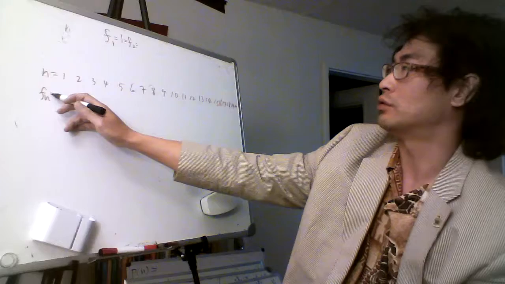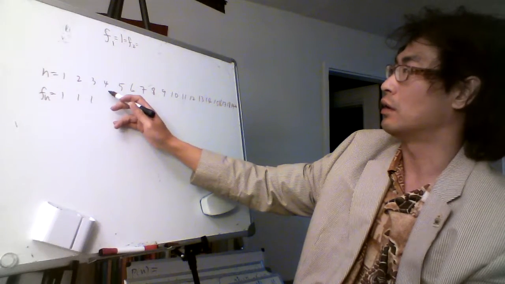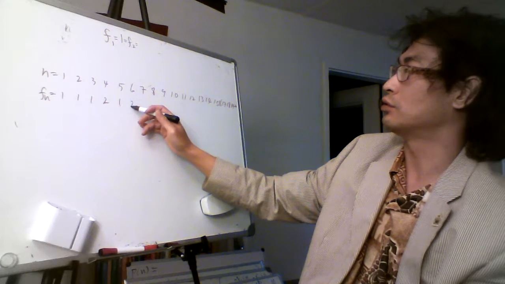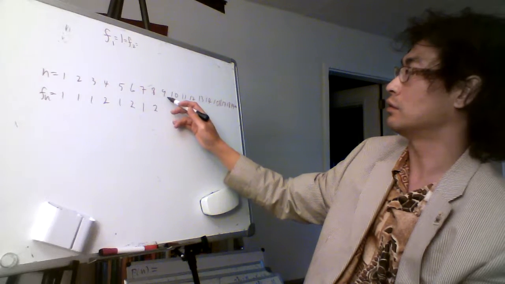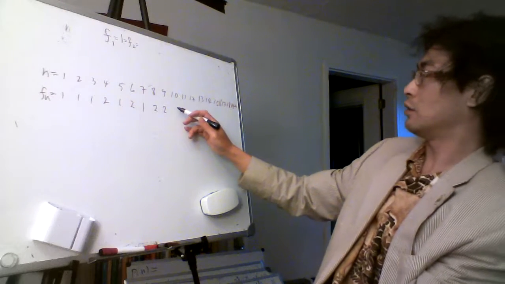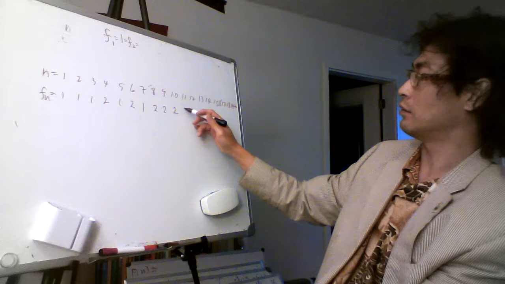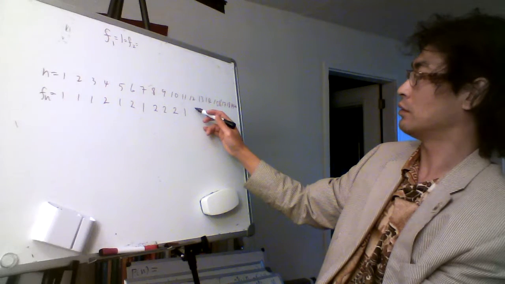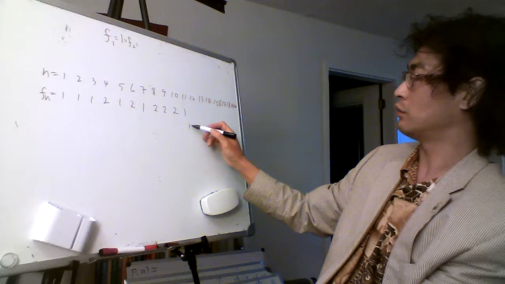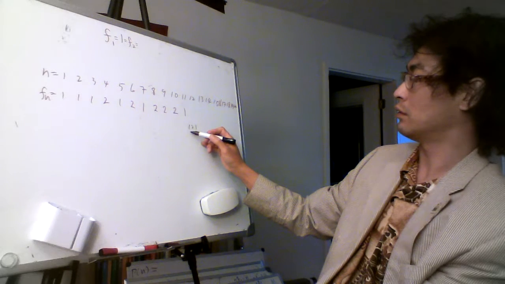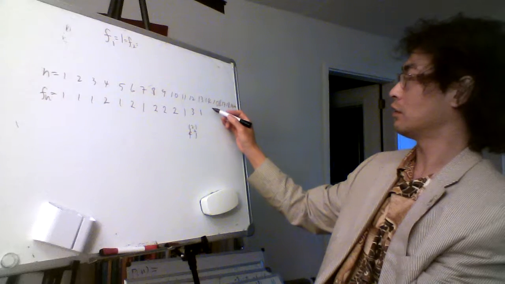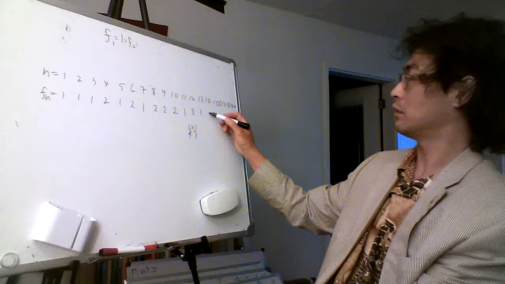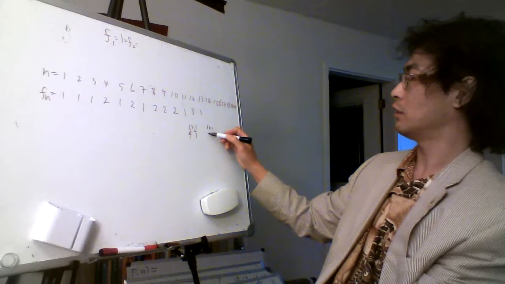Then f of n is equal to 1, 1, 1, 2, 1, 2, 1, 8, 4, 2, 2, 5. 12 is equal to what? 12, 1, 3, 1. 14 is what? 14, 1, 7, 2.